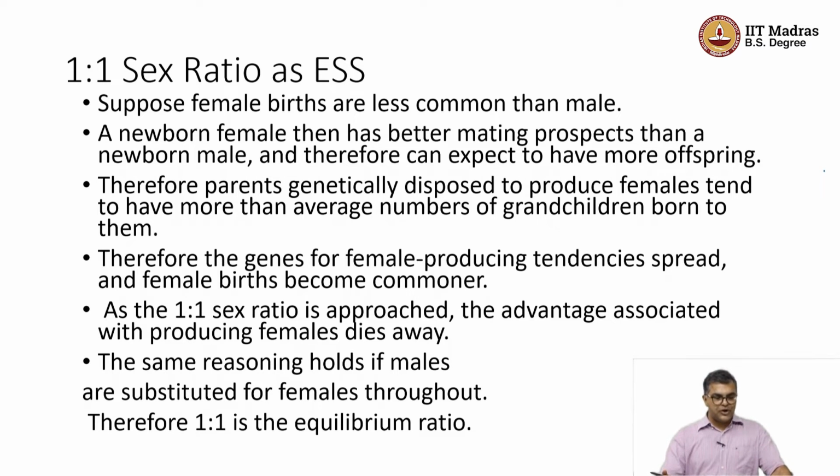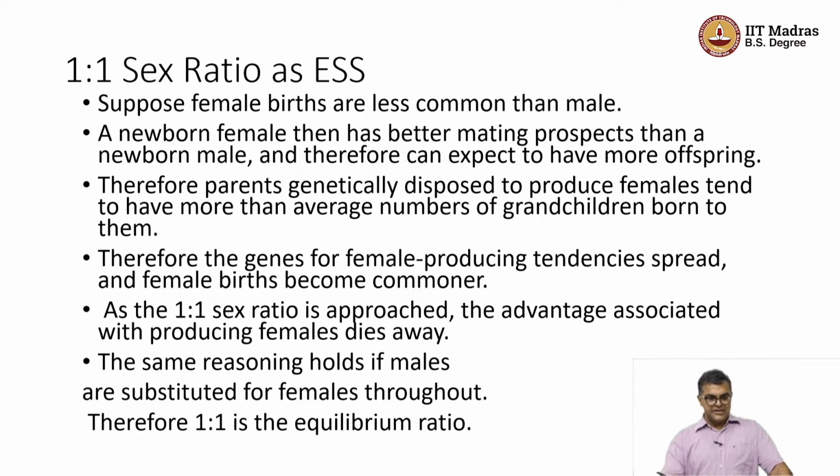So, a newborn female then has better mating prospect than a newborn male, and therefore can expect to have more offspring. Therefore, parents genetically disposed to produce female tend to have more than average number of grandchildren born to them.